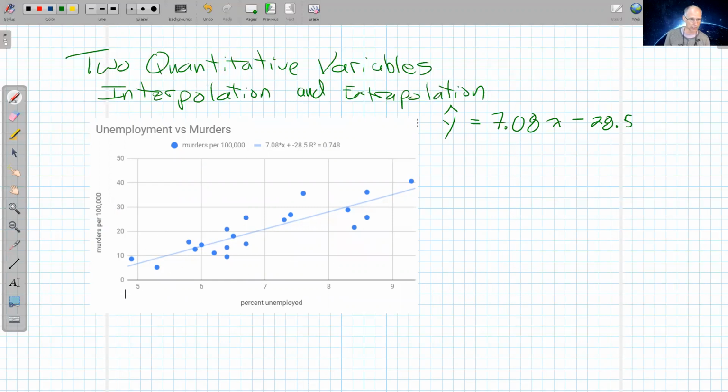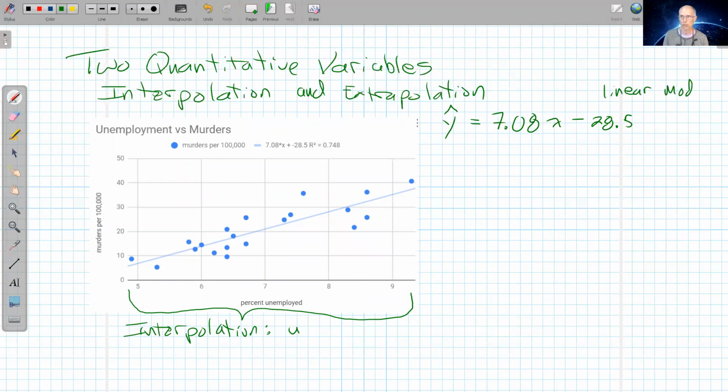Within the data means having an unemployment rate between 5% and around 9%. And that's interpolation. This is called a linear model here. It's not the actual data, it's a model for the data, and it's a straight line.